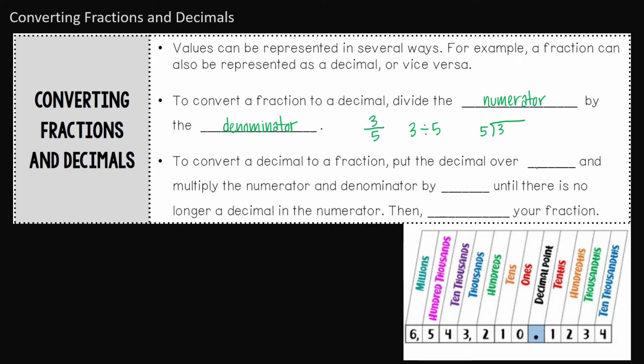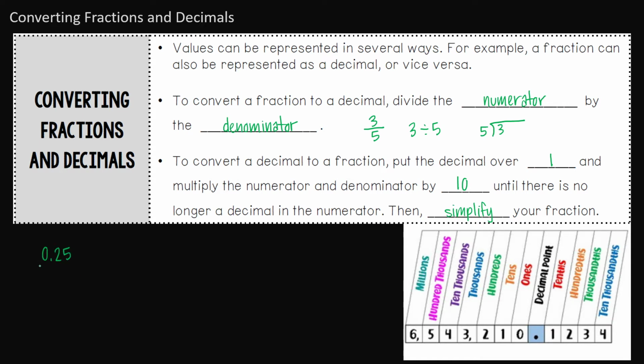To convert a decimal to a fraction, we're going to put the decimal over 1 and then multiply the numerator and denominator by 10 until there is no longer a decimal in the numerator. Then we would go through and simplify the fraction. So let me show you what that looks like. Let's say I have the decimal 0.25.